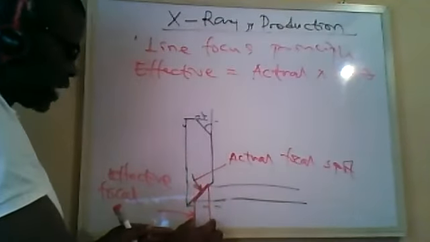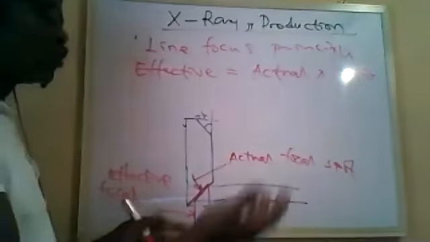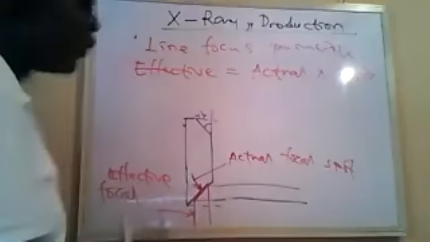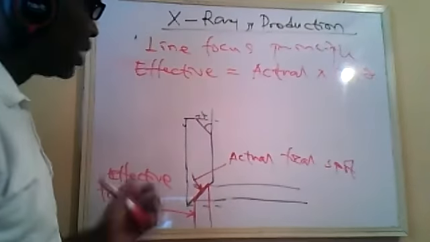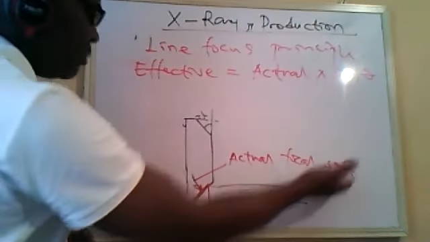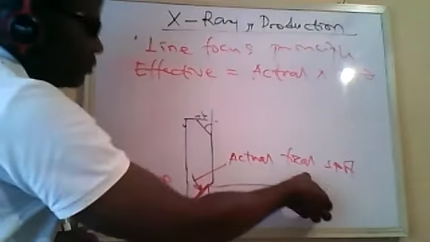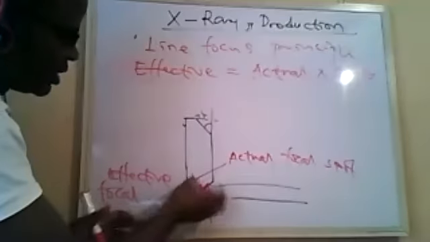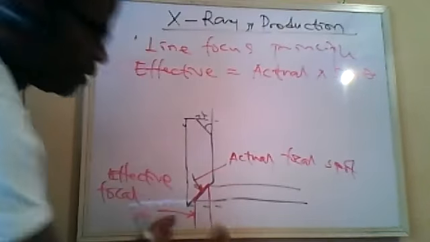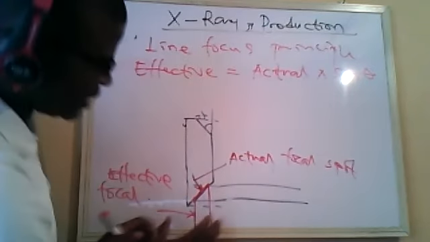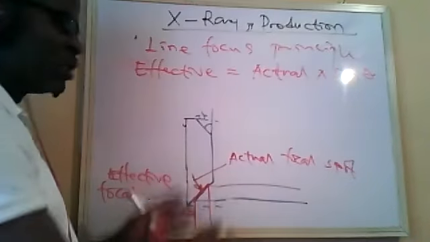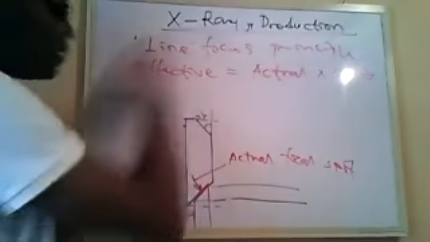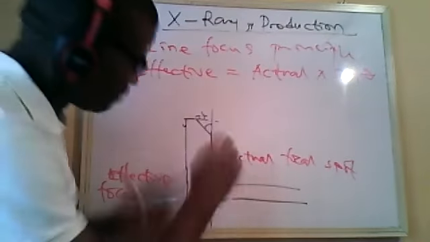And this effective focal spot helps us to shape the useful X-ray beam. How do we mean? The electrons are coming this way, and when they hit this, they are going to be streamlined. Of course, we are looking at this down part because this is where the exit window is. We are not concerned with the other X-rays emitted in various directions.